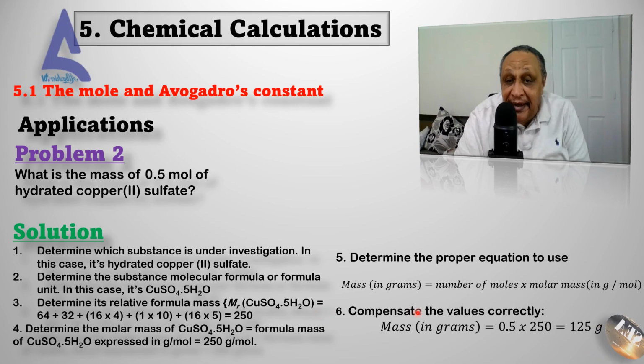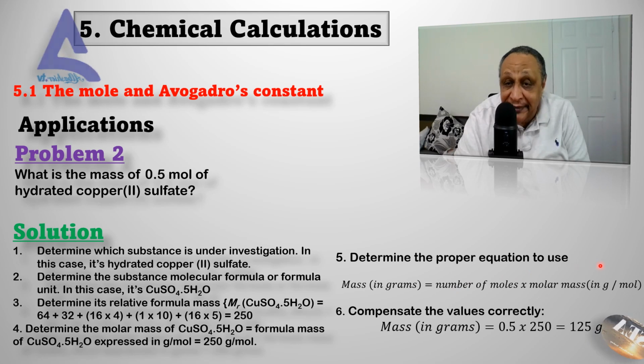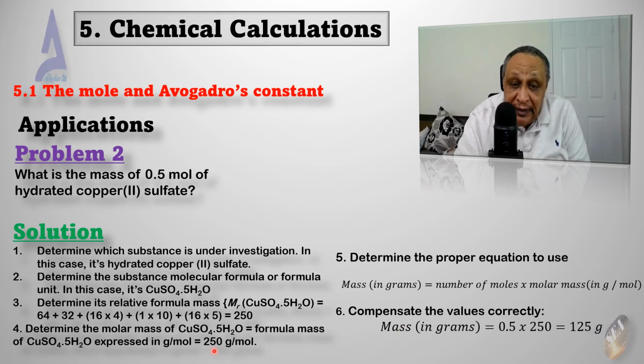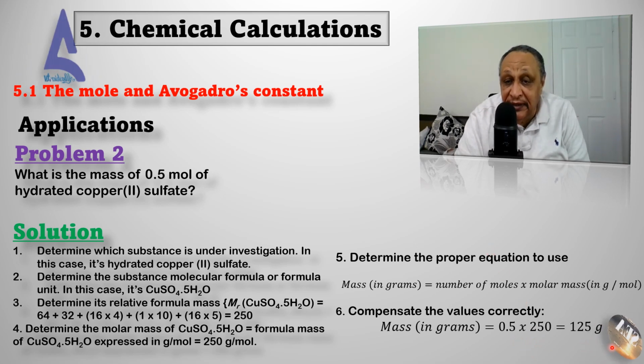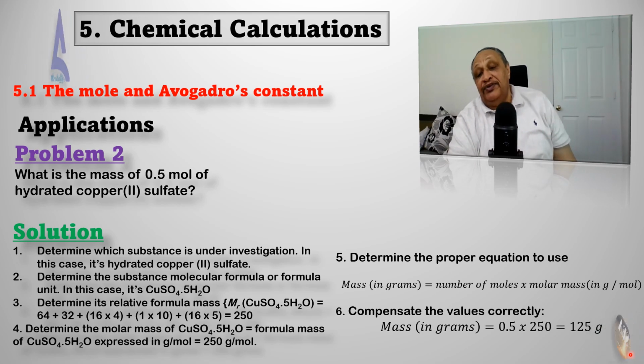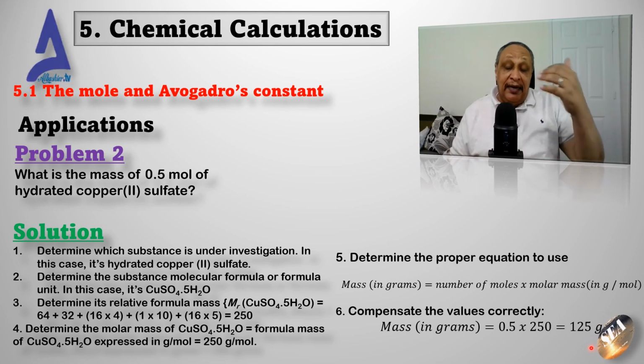So mass in gram equals the number of moles, which is 0.5 mole, multiplied by the molar mass in grams per mole, which is 250. Mass in gram equals 0.5 multiplied by 250, and this gives you 125 grams.